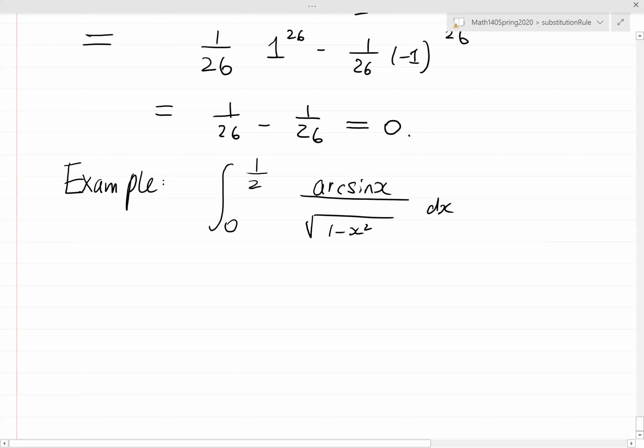What do we substitute? Once you see arc sine, you should immediately realize the derivative of arc sine, which is 1 over square root of 1 minus x squared.